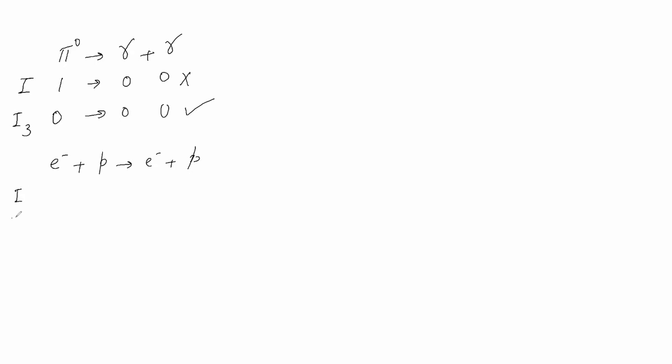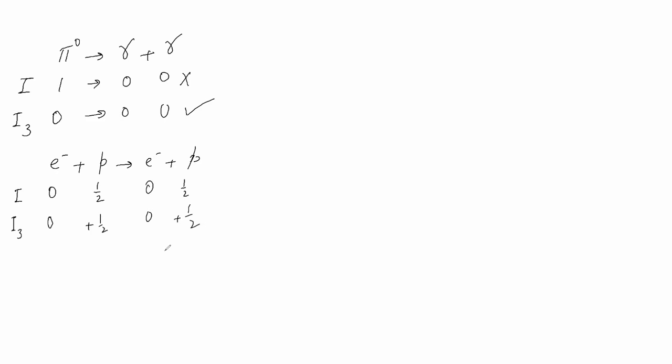Now, how much isospin do we assign to an electron? 0. Why? Because we cannot assign isospin to leptons, and that is why we will assign 0. Then half plus half, half plus half.